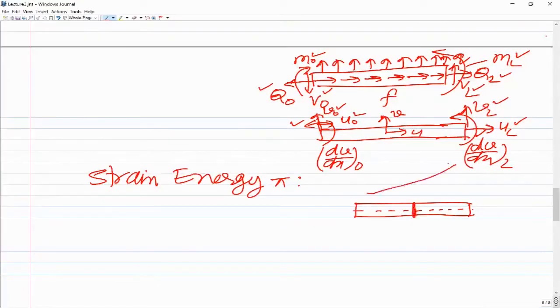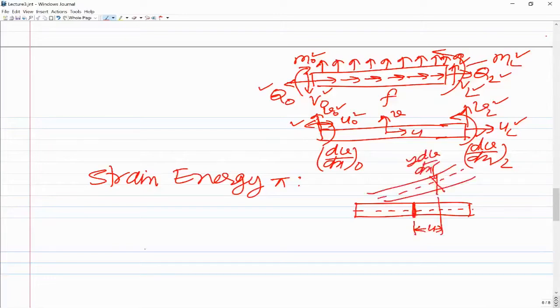And when it deforms, say it takes some shape like this, and its normal is going like this. So if you look at now, initially this center point was here, so this is actually displacement u, and then if you take any point over here, this value is going to be y times dv by dx.